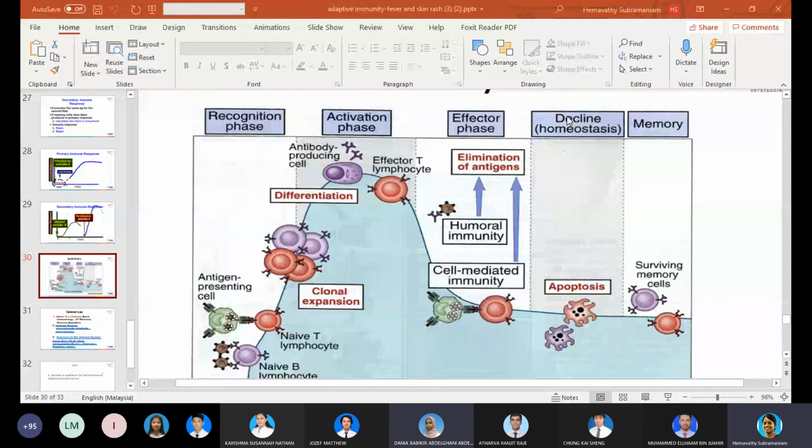Do they code for cell surface protein? All right. Very good. All right. Any other differences between MHC class 1 and MHC class 2?